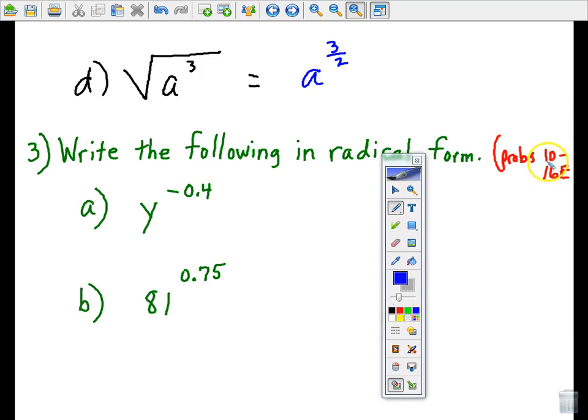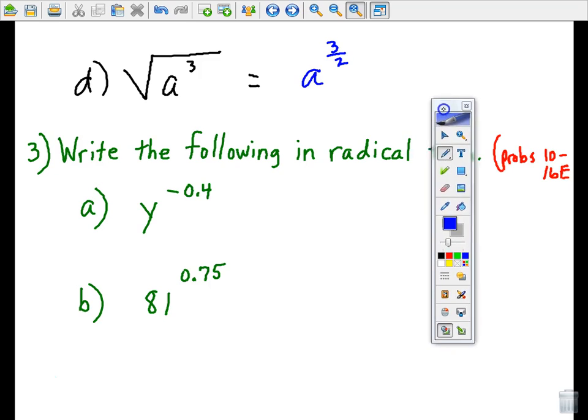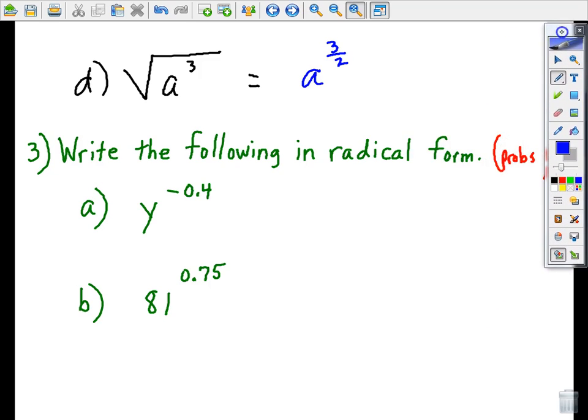On your homework, we're about to do examples that will help you with 10 through 16 even. And the difference in these problems, instead of giving the exponent in fraction form, they're going to give it to us in decimal form. So it's only our job to change decimal to fraction. That's a very important first step.